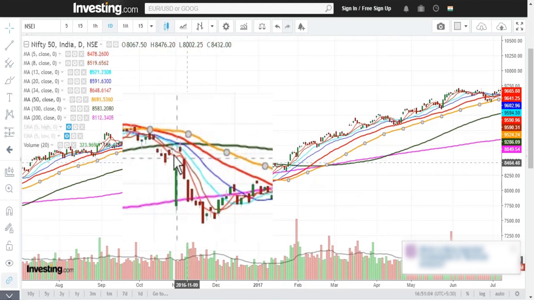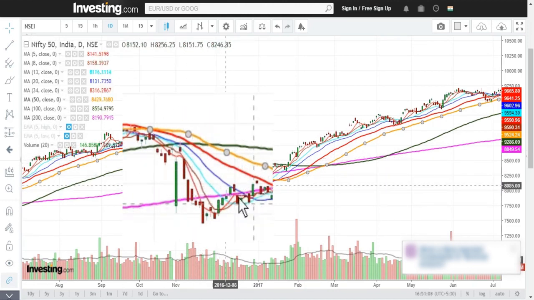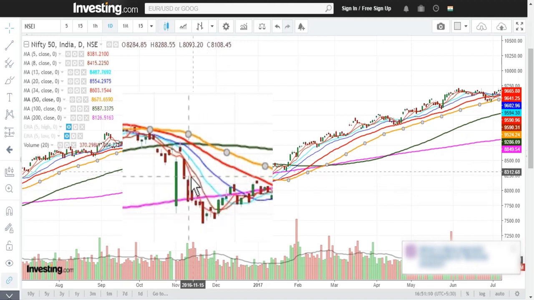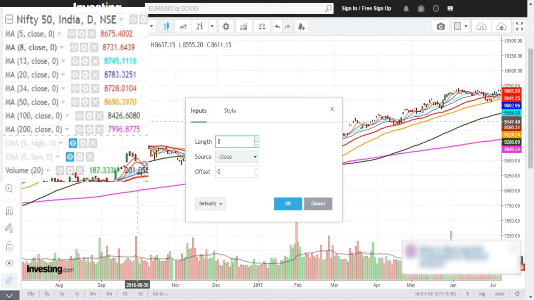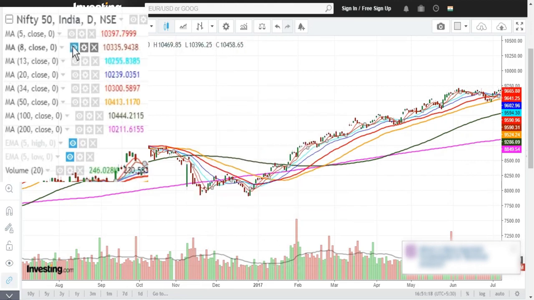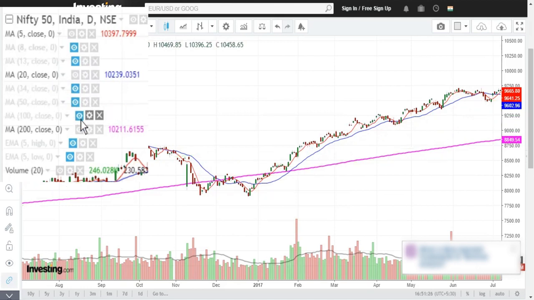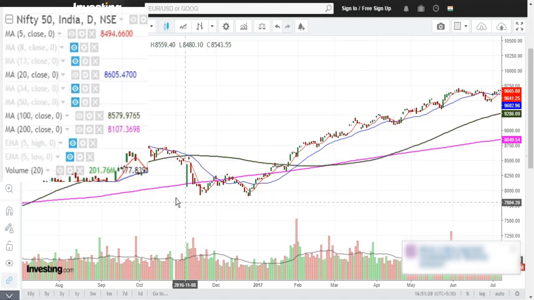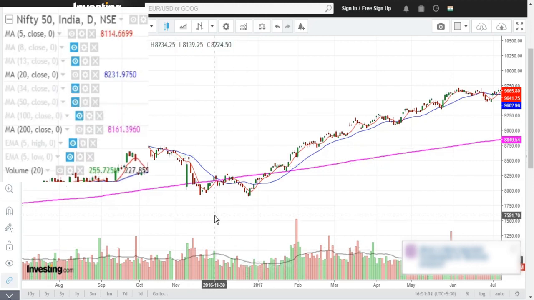So it was a relatively bearish market, and the 5 moving average crossing the 20 moving average. Let me hide all the other moving averages, then we will better understand this part. So I am hiding all the moving averages except 5 and 20 so that we can understand this part. So here we come.